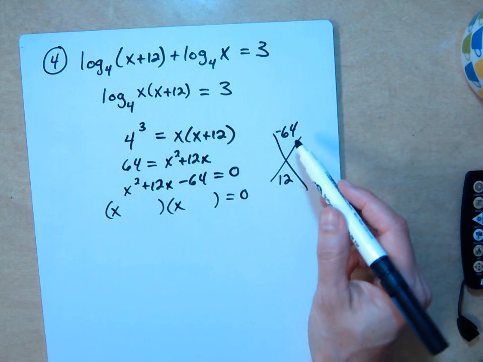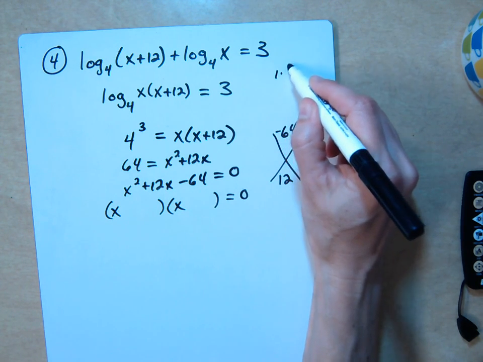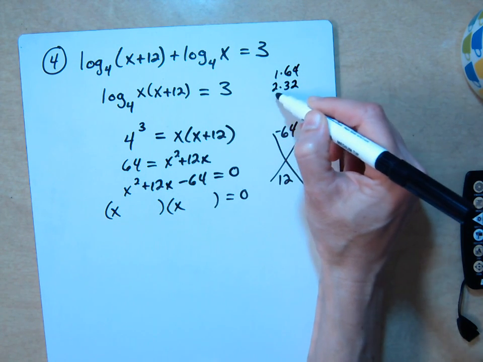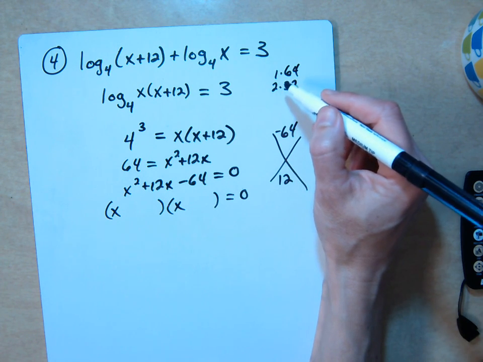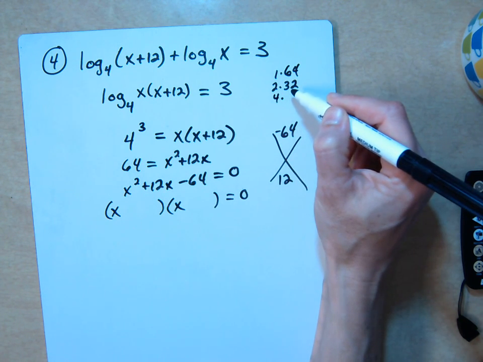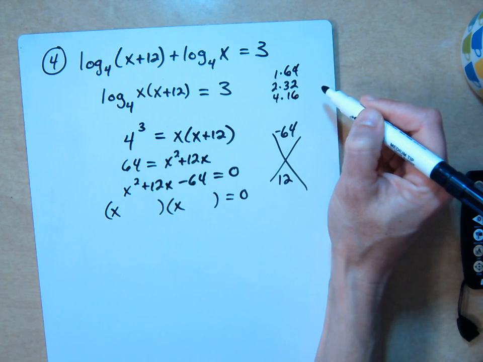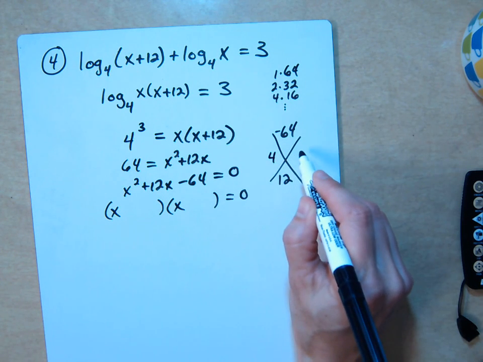If you don't know, you can start breaking it down. 64 is 1 times 64. Start with 1. 2 times 32. 3 won't go in evenly. 4 times 16. Do we get it yet? Yeah, it'll always be in this list if you just list methodically.